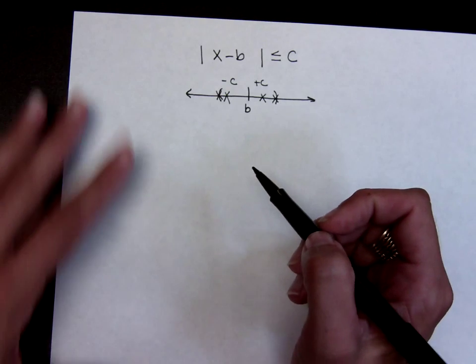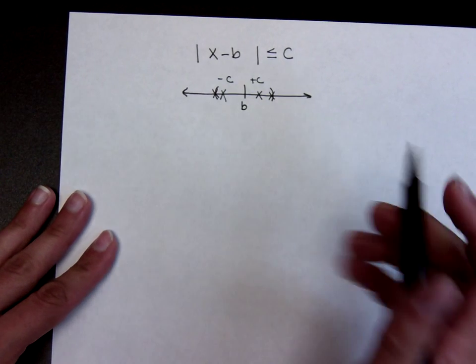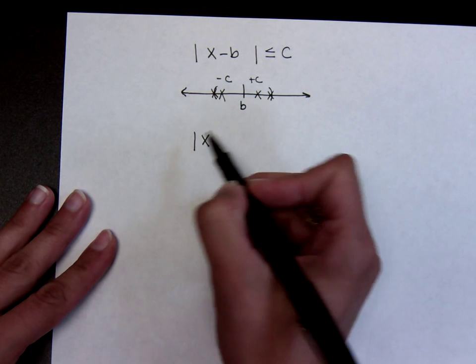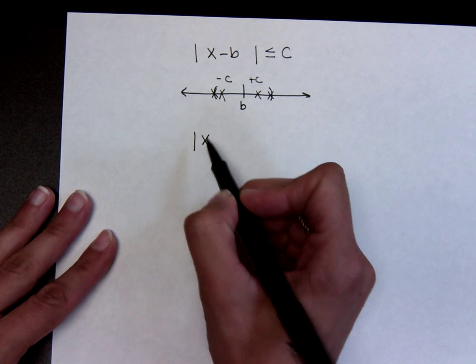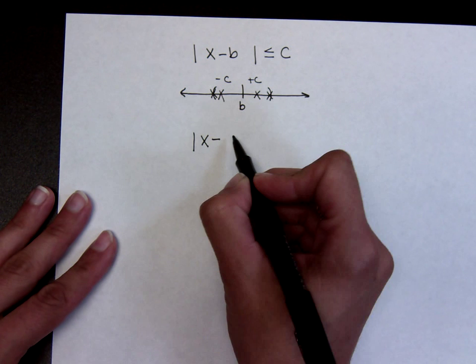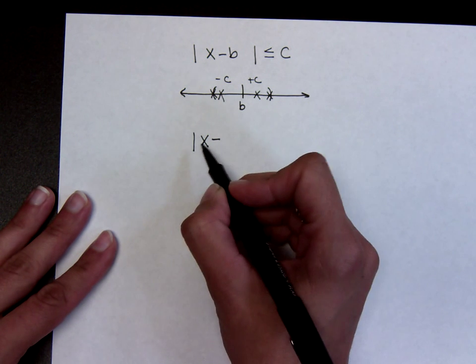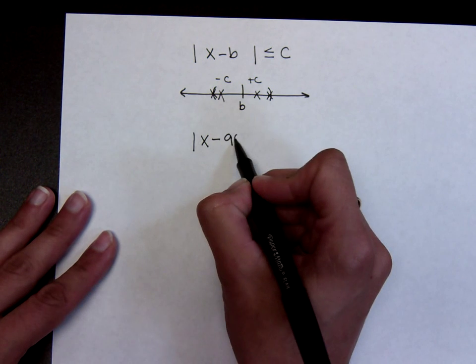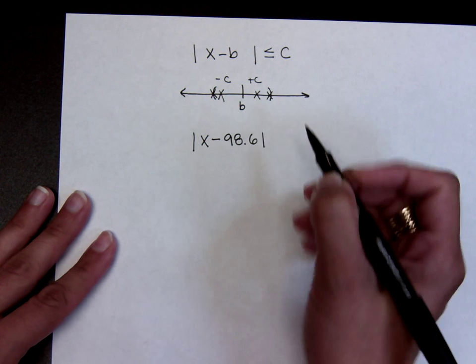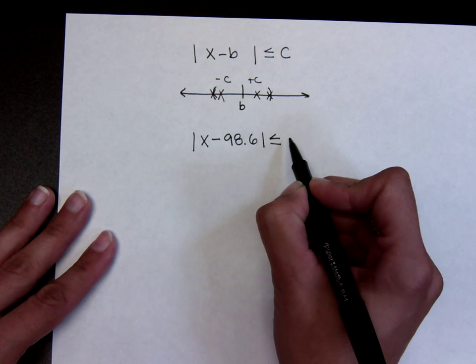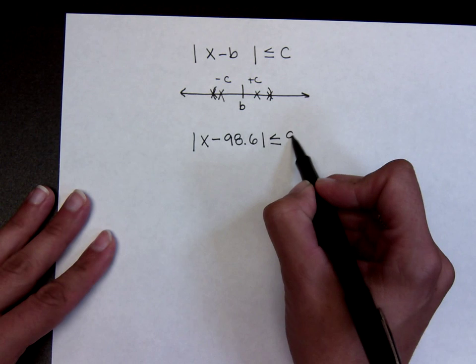So in the problem that we're given, we don't know which temperature that is, we're trying to find out what an appropriate range of temperatures would be. Well, our body's normal temperature is 98.6 degrees, and it has to be within that 8 degrees.